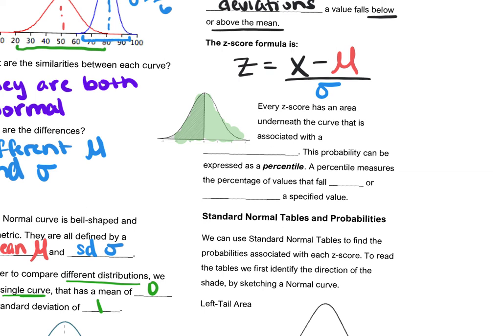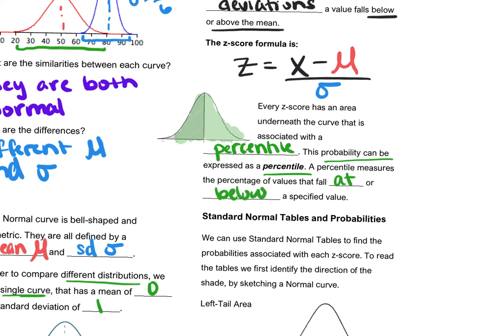So we're going to measure these things that we call percentiles based on z-scores. Probability can be expressed as a percentile. And the percentile measures the percentage of values that fall at or below a specified value.